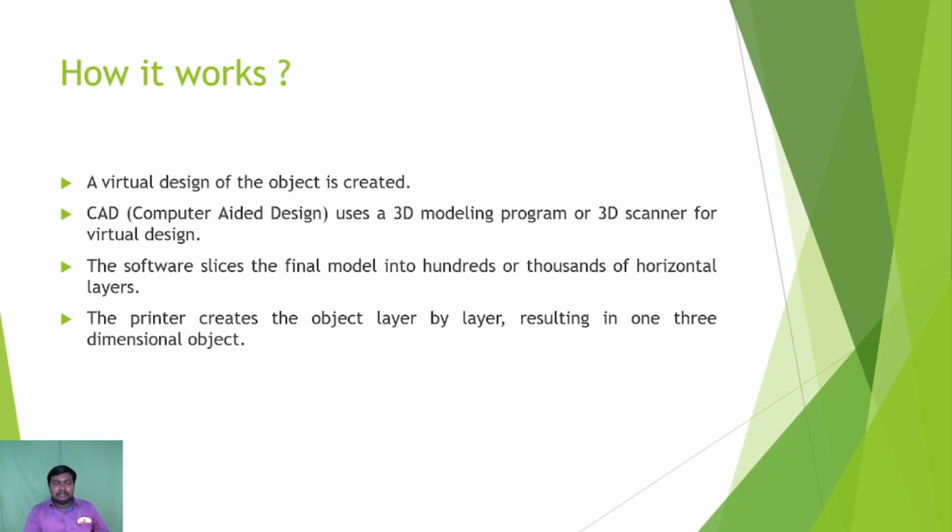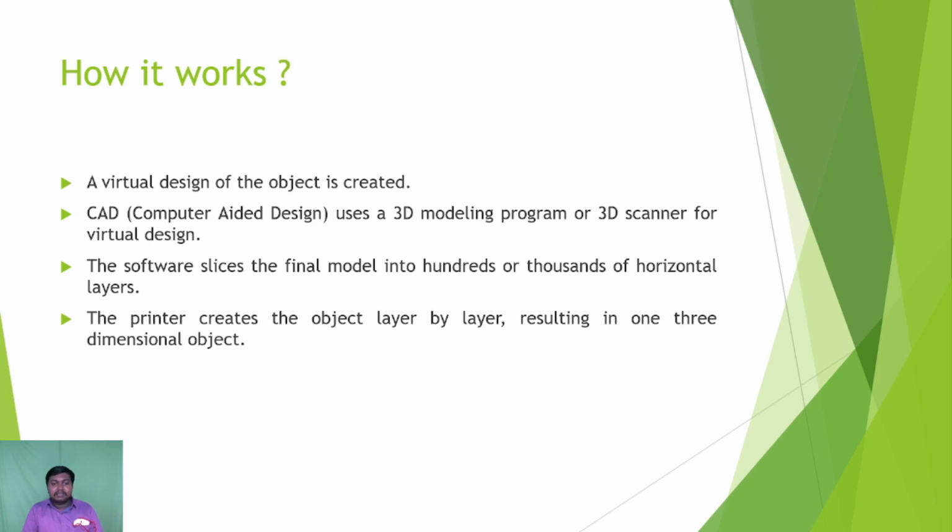How does it work? First, a virtual design of the object is created using CAD modeling software. The CAD modeling software available in mechanical are SolidWorks, CATIA, Creo, and these are a few examples of 3D solid modeling software.